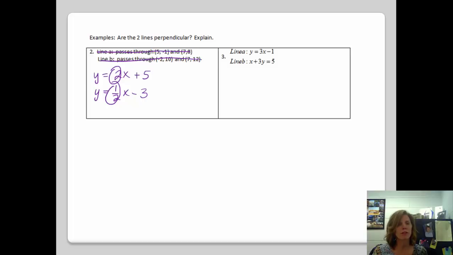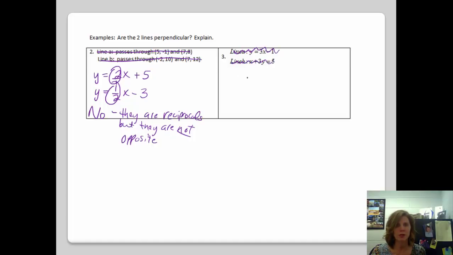So notice, this one is basically 2/1, and if I flip it, it would become 1/2. So they are reciprocals, but notice they're both positive, so they are not opposite. So I'm going to say no. They are reciprocals, which is good, but they are not opposite, and we need them to have both criteria.